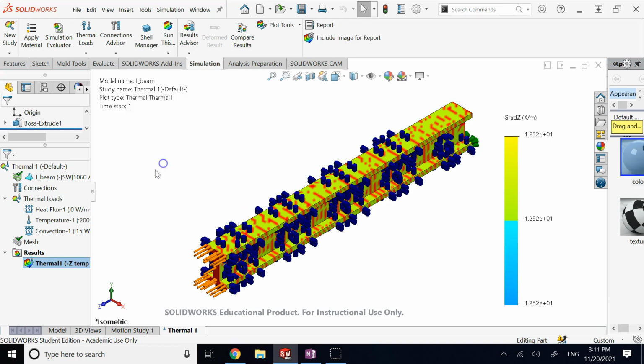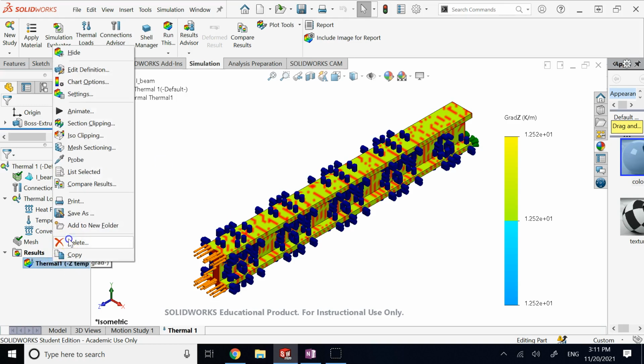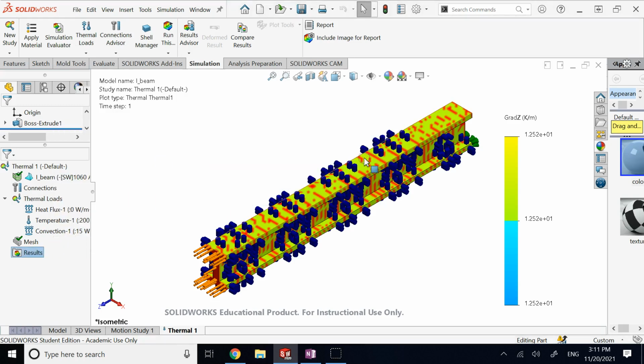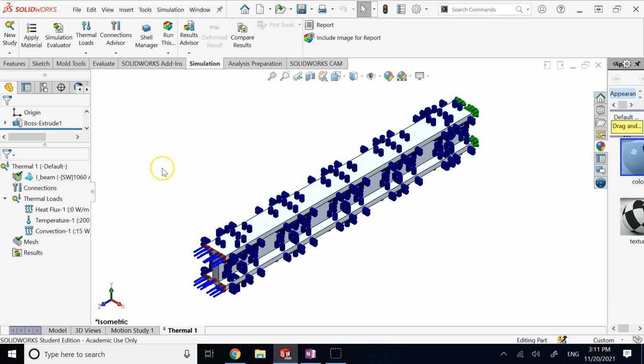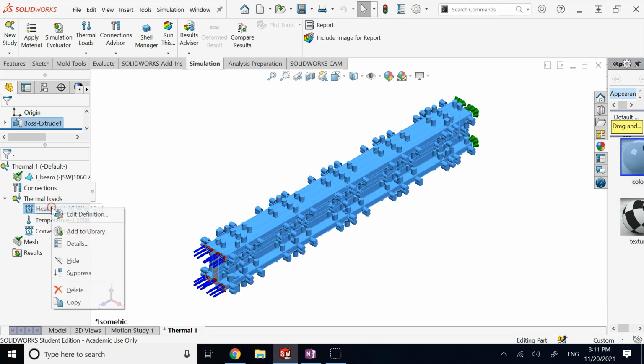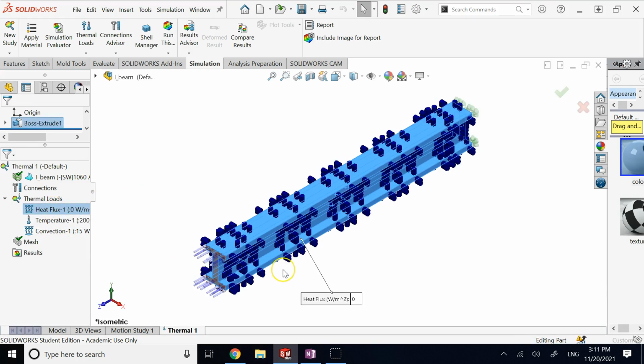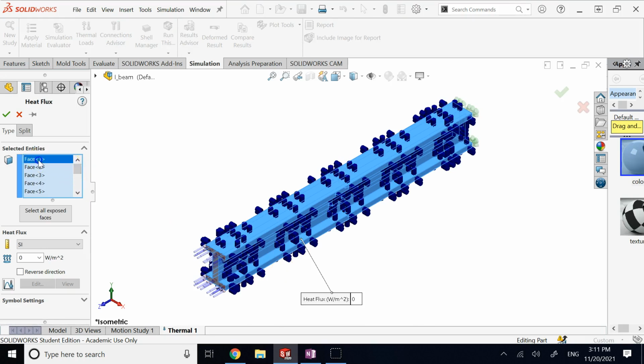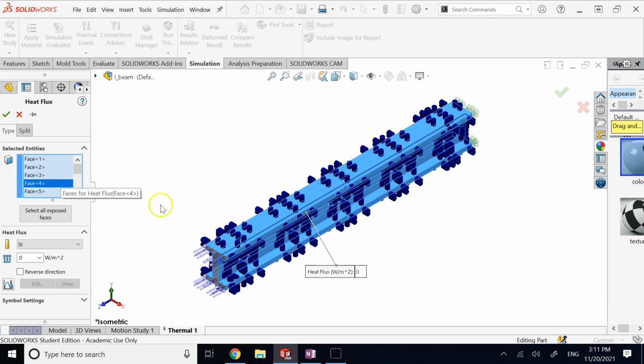So what I can do is go back here, and when I go to this heat flux, I just get rid of one of the faces. Let's say one of the faces, maybe, let's see which one is the top face. We can find it.